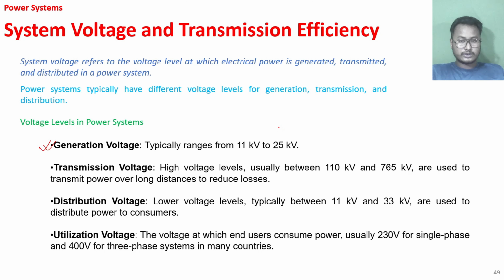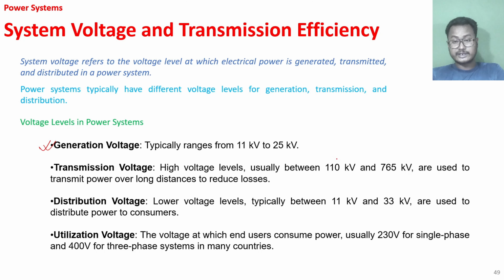And for transmission, we normally transmit at a higher level of voltage to reduce loss. So high voltage levels are usually between 110 kilovolts and 765 kilovolts.